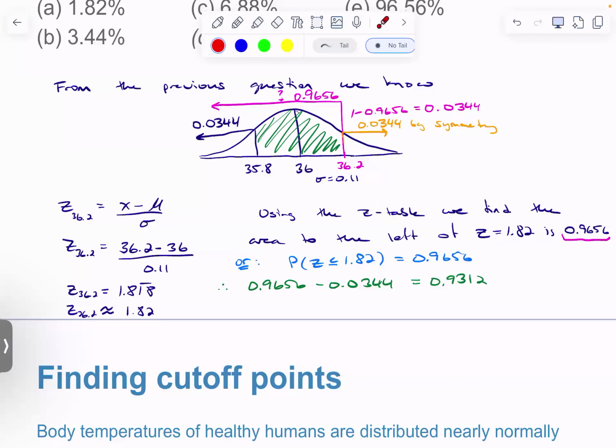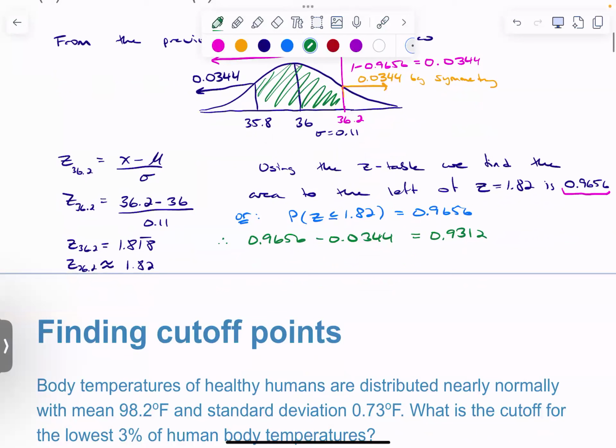You end up in the same place. Or 93.12% of bottles pass inspection.